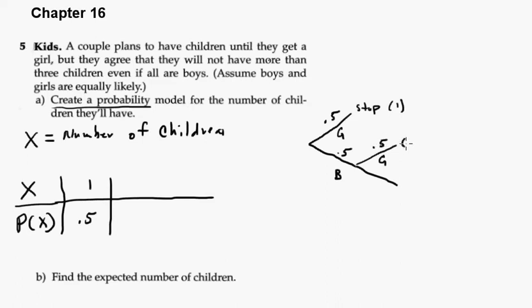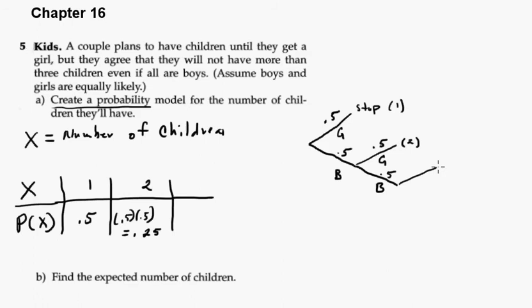So now they would have 2 kids. If they have a boy, they're going to keep going. So if they have 2 kids, then that's 2, and the probability of that is 0.5 times 0.5, which is going to equal 0.25.